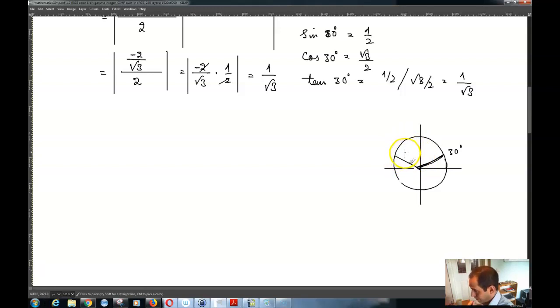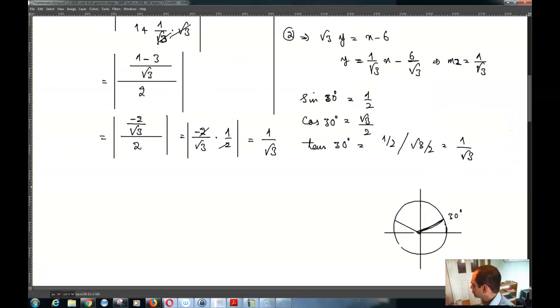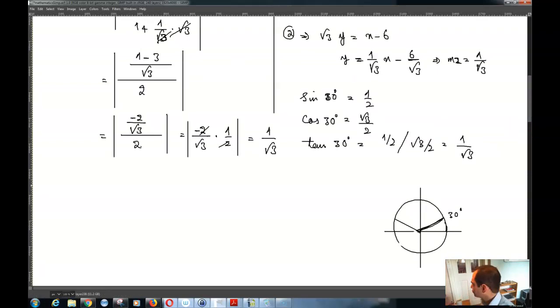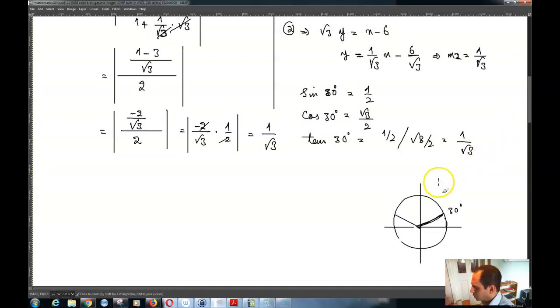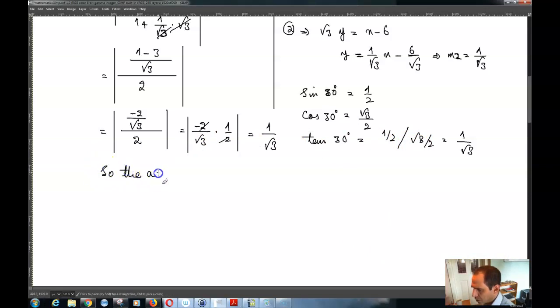But basically the acute angle between the two lines is 30 degrees.